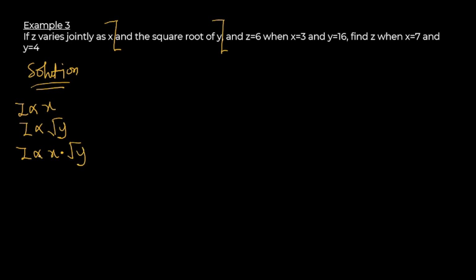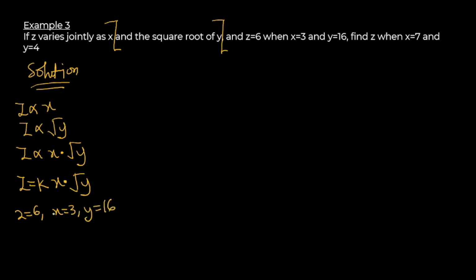To remove our variation sign, we introduce a constant k, which now multiplies x and then the square root of y. We have here, z is 6 when x is 3 and y is 16.